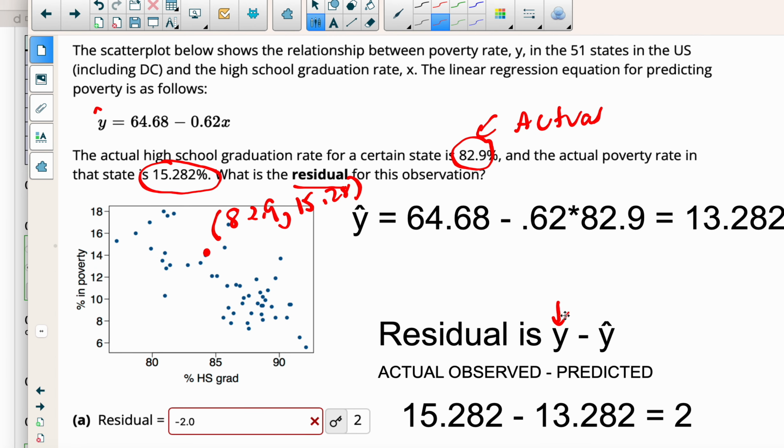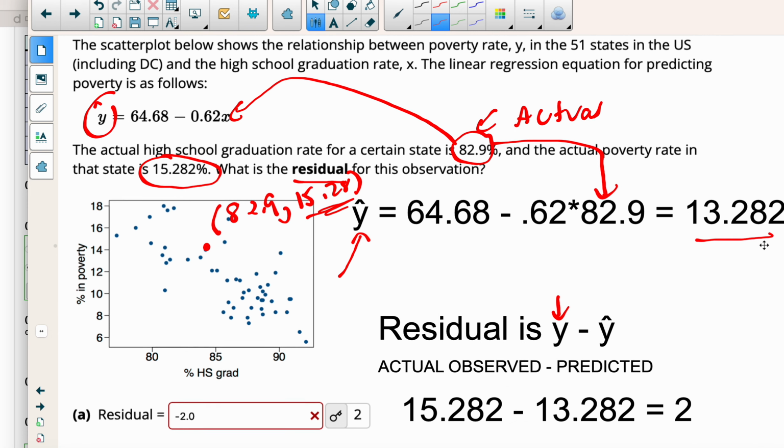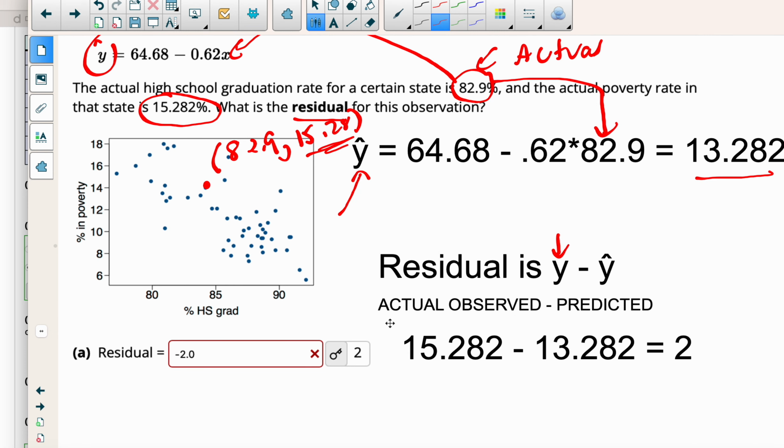That's my Y value. What does the line predict? Now I'm going to take that same X value and substitute it in and come up with the predicted Y value, which is 13.282. Residual is actual observed minus predicted. So you must have just flipped it around because you got -2. So that's what that is.